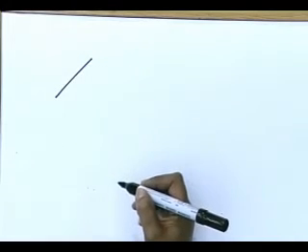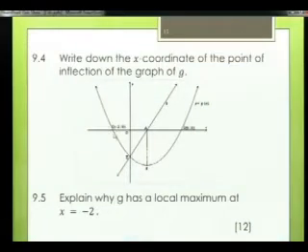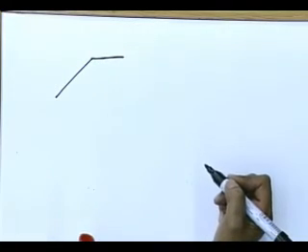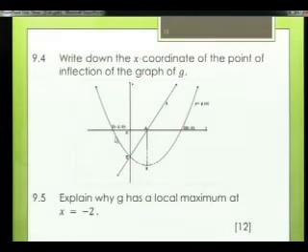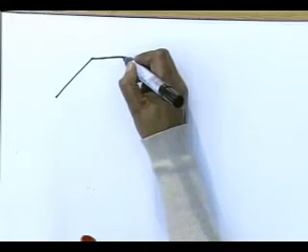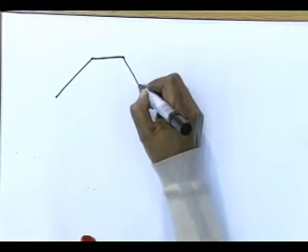At C, at that point, the gradient is 0. The derivative is 0, so there is no gradient at all. And if I come below the line, then you'll notice that my gradient is negative there. So a negative gradient comes down.